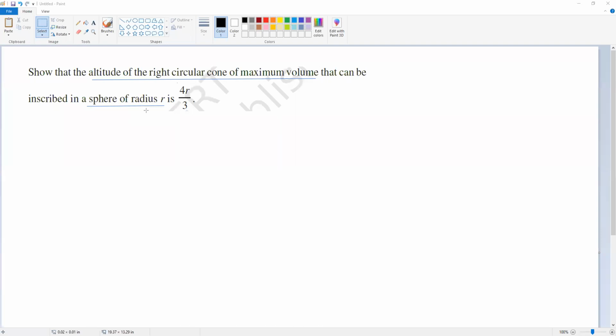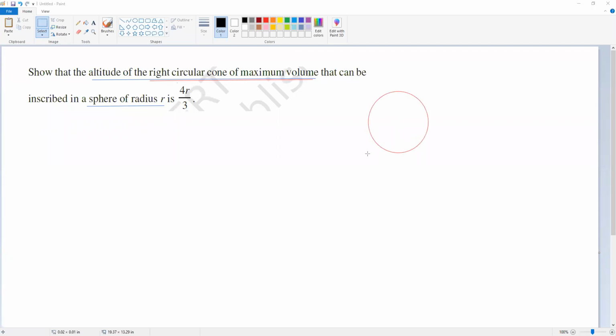तो हमें इधर कौन सा चीज मैक्सिमम करना है? What we have to maximize? Volume of the right circular cone. So it is inscribed in a sphere. It's a sphere, but I can draw a circle here.